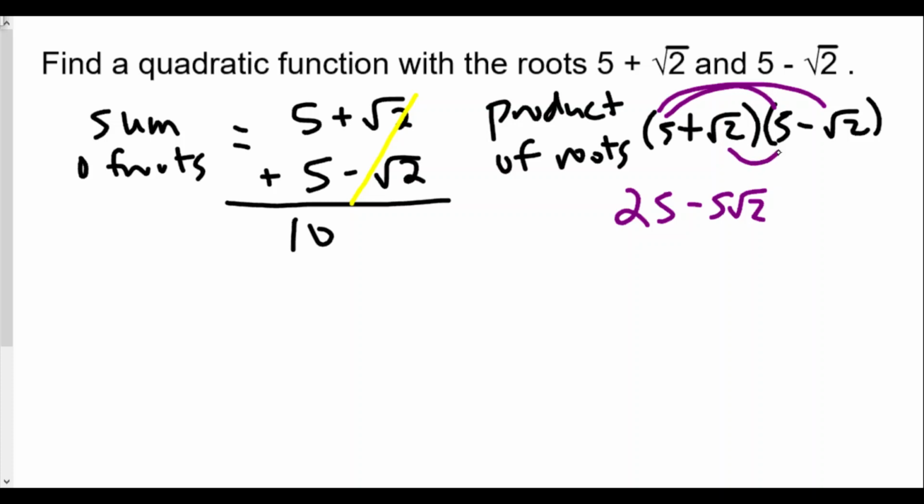Square root of 2 times 5 is plus 5 square root of 2. And then square root of 2 times negative square root of 2 is negative square root of 4. Well, first off, this negative square root of 4 becomes just negative 2, and then we have 25 here. And the negative 5 square root of 2 and the positive 5 square root of 2 cancel out, which means the product of the roots is equal to, in this case, 23.